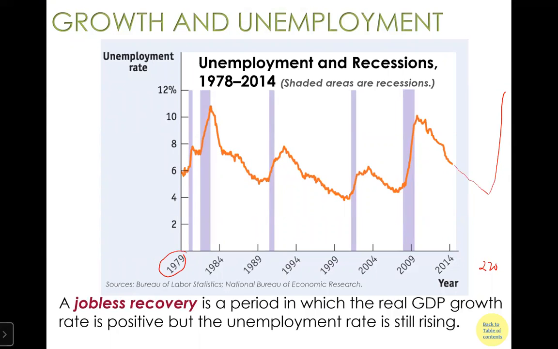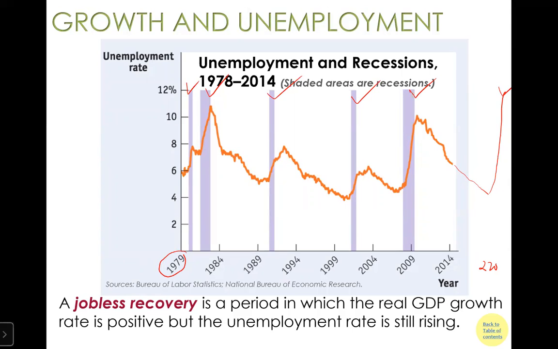Okay, this is how the actual data looks. Right? And then we have 1, 2, 3, 4, 5, 6. There are 6 recessions since 1978. All right. So now you're going to see the unemployment rate will be high during recession.